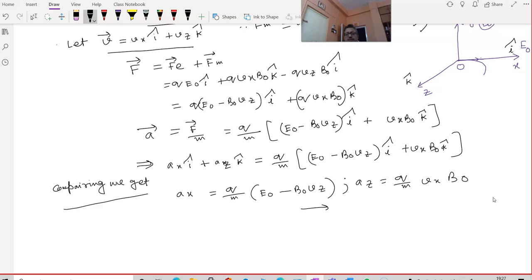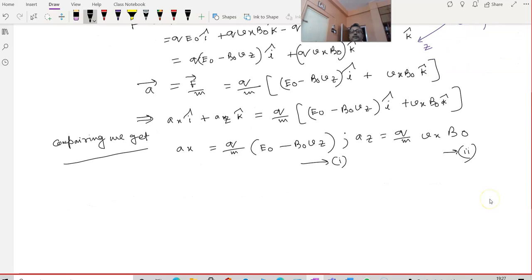You take this one as number 1 and this one as number 2. We have to get Vx, Vz, and we have to get the x and z coordinates also.